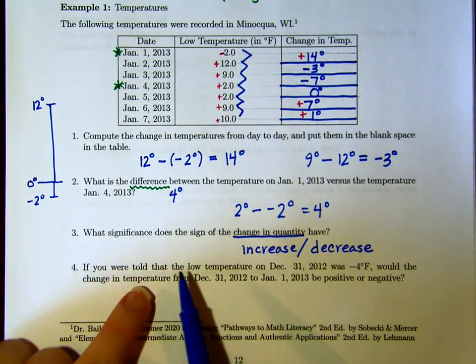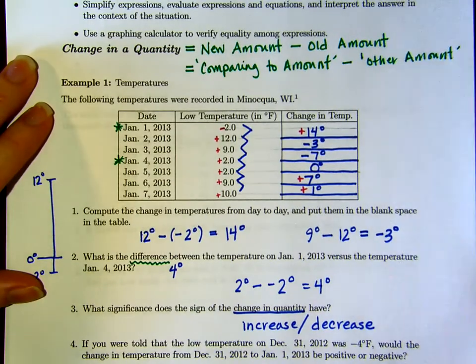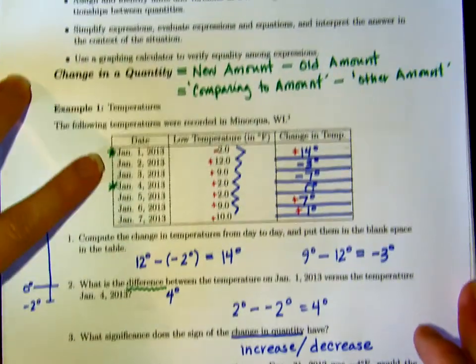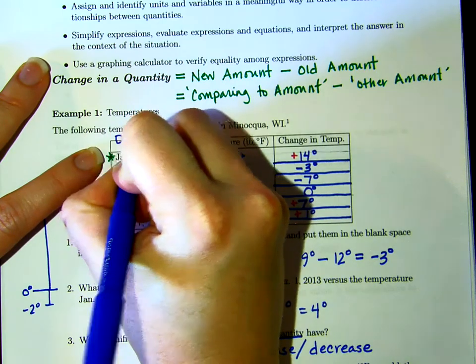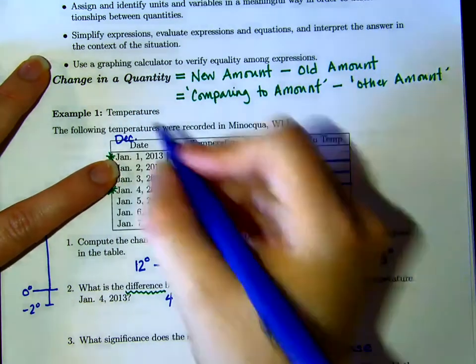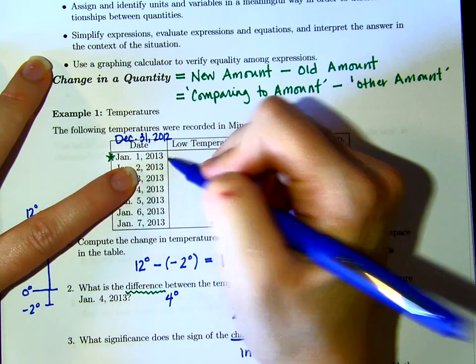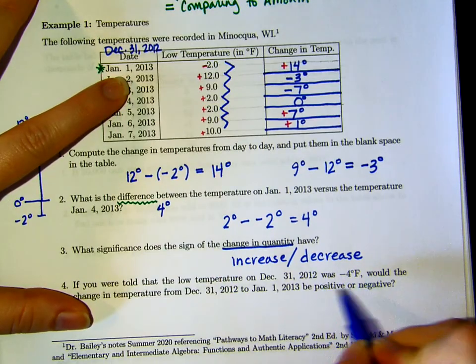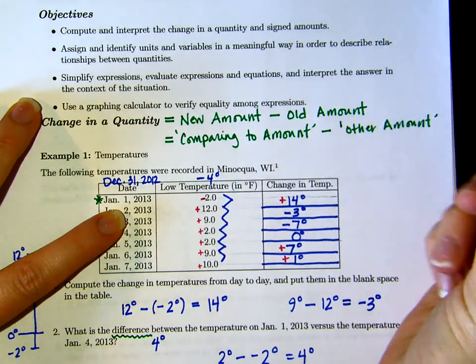If you were told that the low temperature on December 31st, 2012, okay, so I'm just going to go up here, and they say it was -4 degrees. Okay, so up here, let's suppose for fun, we had December 31st, 2012, which is the day before January 1st, 2013, and they say the temperature was -4 degrees Fahrenheit.